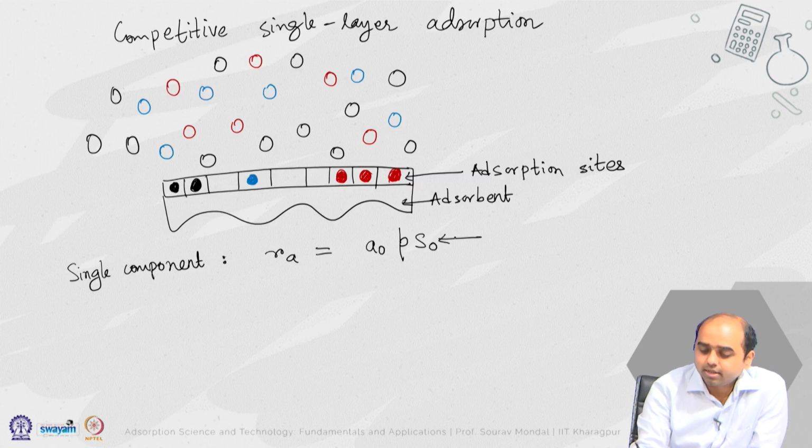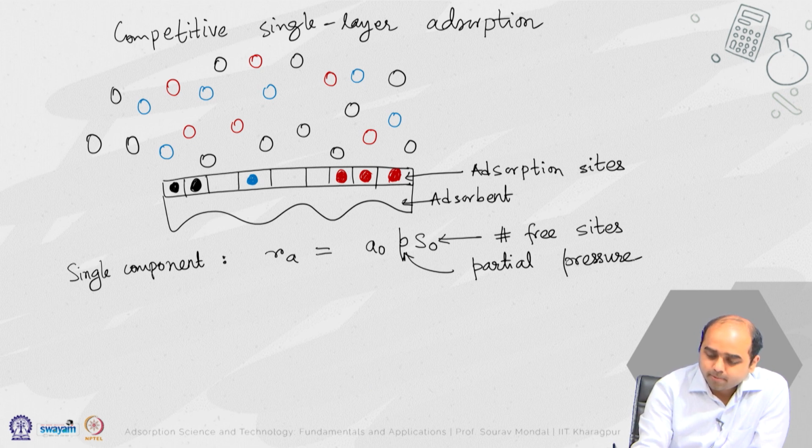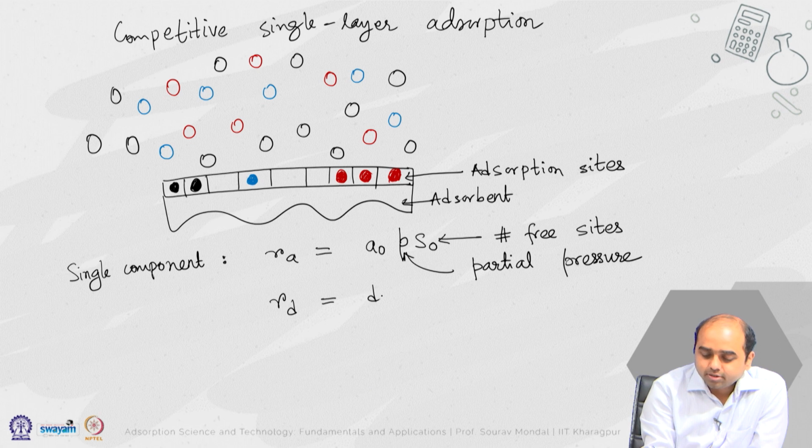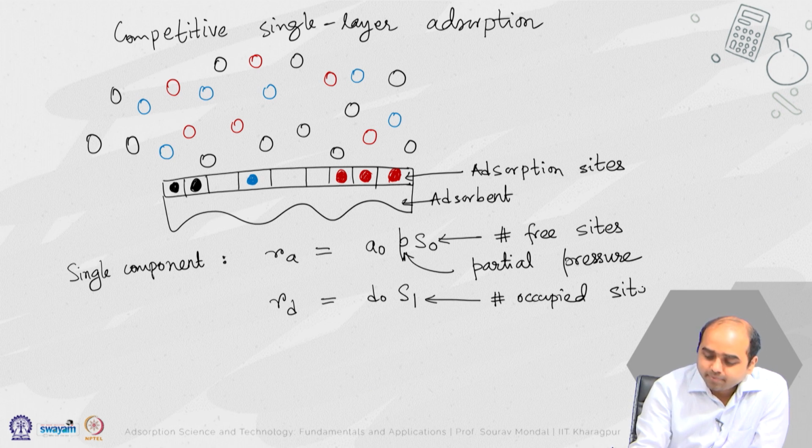So, this is the number of free sites, this is the partial pressure, and this is the adsorption constant. Similarly, for the rate of desorption, it is the desorption constant multiplied with the number of occupied sites. The same idea is used in the multi-component system as follows.